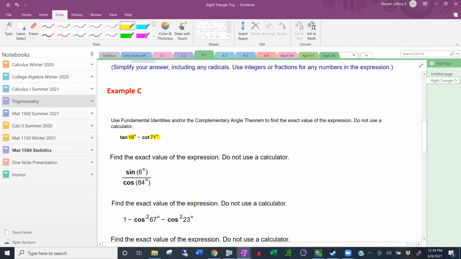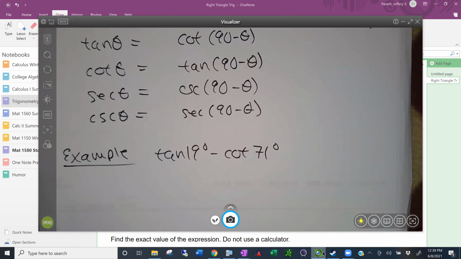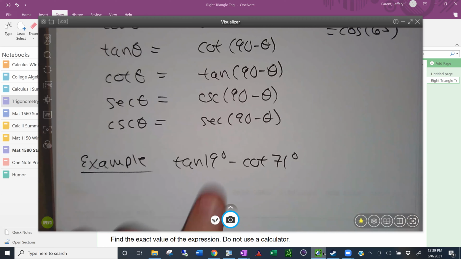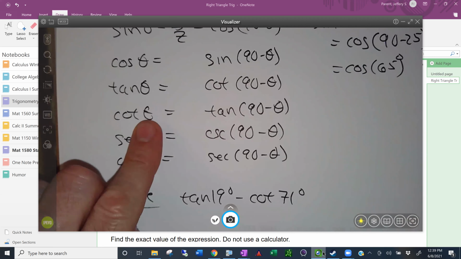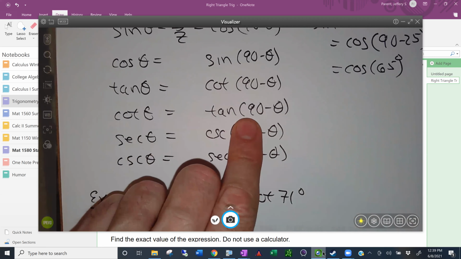Let me copy it down here. So we got the tangent of 19 degrees minus the cotangent of 71 degrees. You could change either one of these, but let's change the cotangent. The cotangent of theta is going to be the tangent of 90 minus theta.